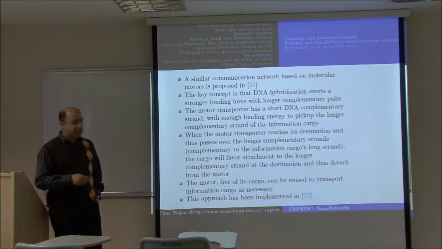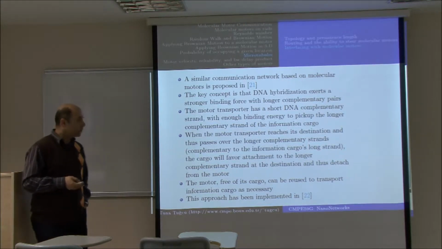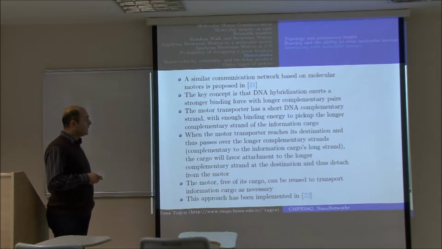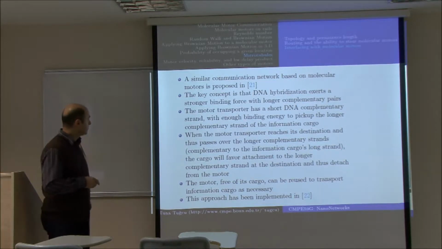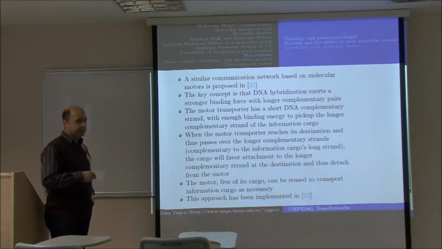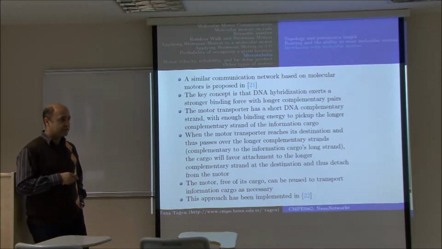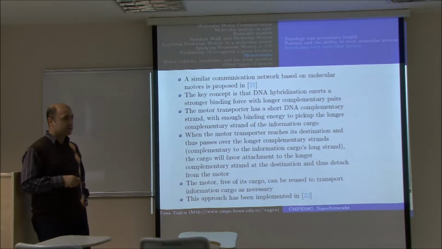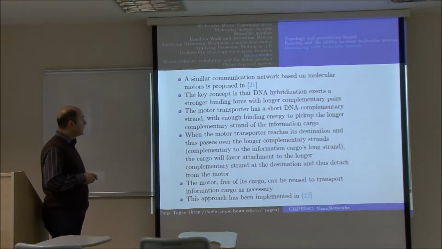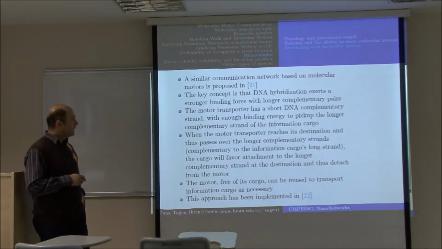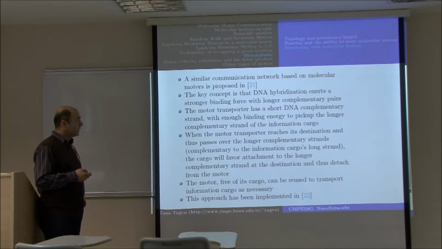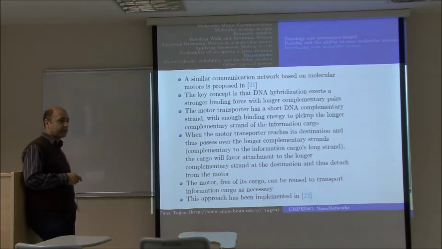A communication network can now be proposed based on the molecular motors, and this is given in reference 21. At the end of the chapter you can find all those references. The key concept there is that DNA hybridization exerts a stronger binding force with longer complementary pairs.